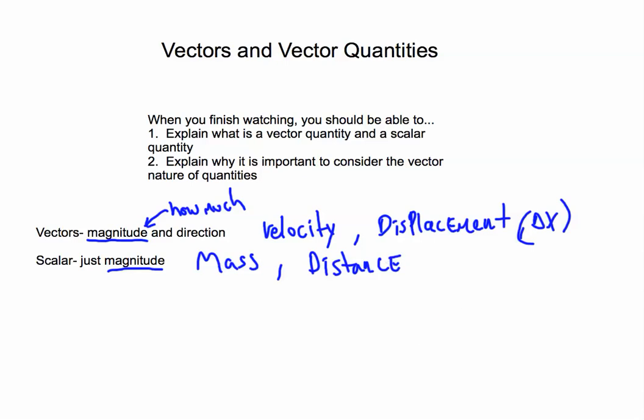Now let's see the importance of distinguishing between vector quantities and scalar quantities. Here's a city. These are the blocks of the city. And I'm going to take a walk. I'm going to start here, and I'm going to tell you that I walk 3 blocks and then 3 blocks. Now, do you care whether to consider the direction of my travel or not?